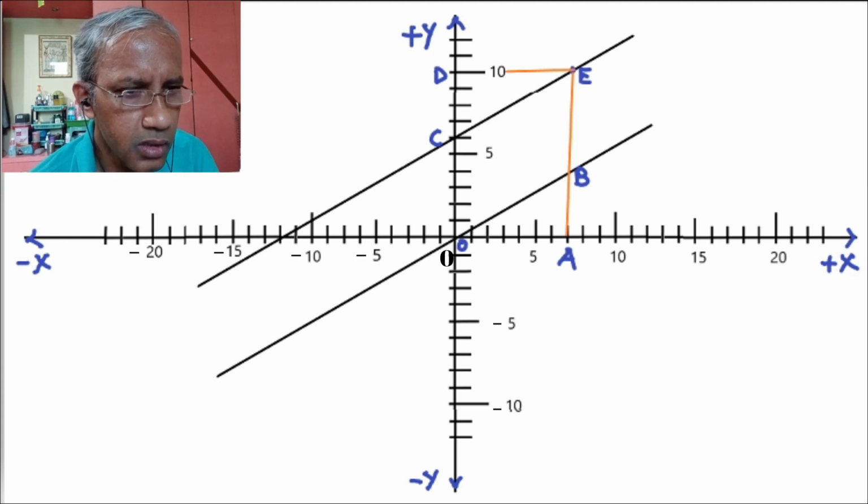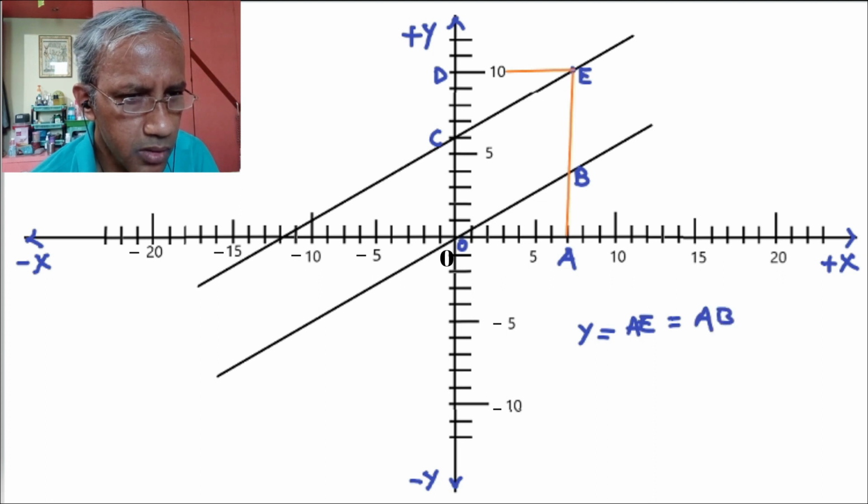So the y in this case of the arbitrary line passing through the point C, making an angle arbitrarily, is the value of y equal to AE, which would be equal to AB plus BE. First let's try to understand what AB is.